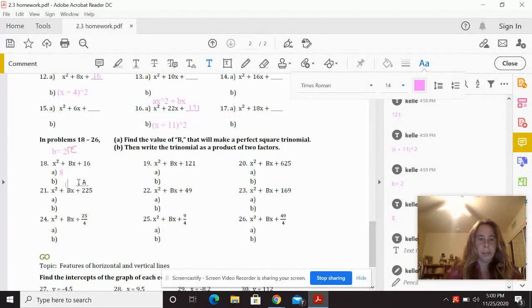So this is going to be x plus 4 quantity squared. Okay, how do I get the 4? Well, now that you have b, you can just divide it by 2 and it's that number. Or when you take the square root of 16, it's that number. So whatever floats your boat. You can think about it either way.